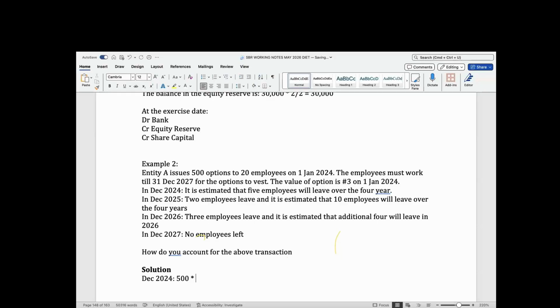So in this case, I'll recognize for how many employees? 15 employees. These are the people that we estimate will vest. So multiply by the fair value of the option at the grant date, which is 3 naira. And how much is this?